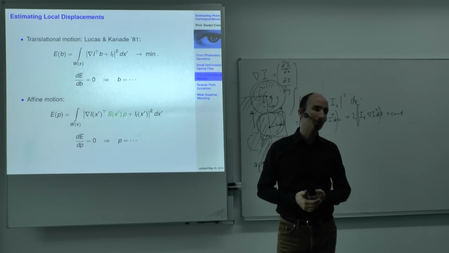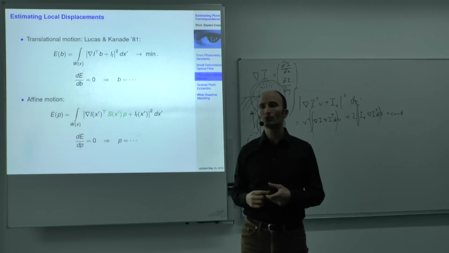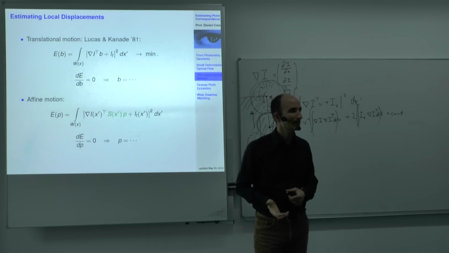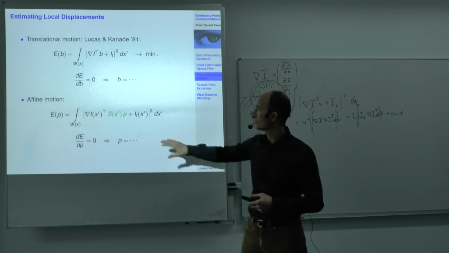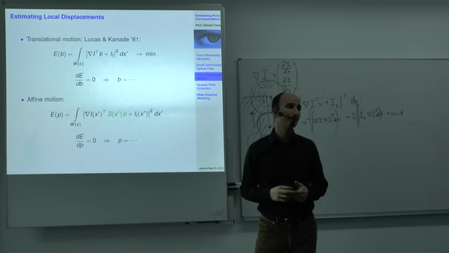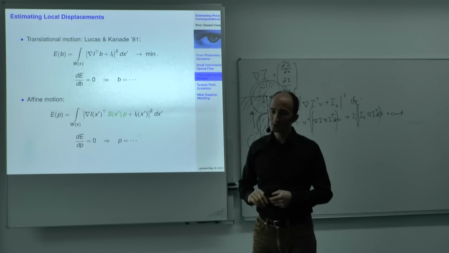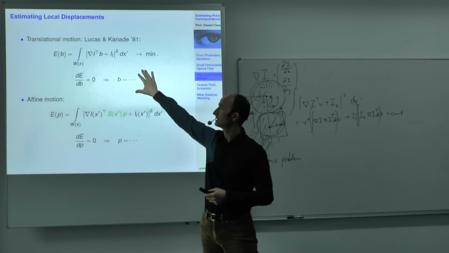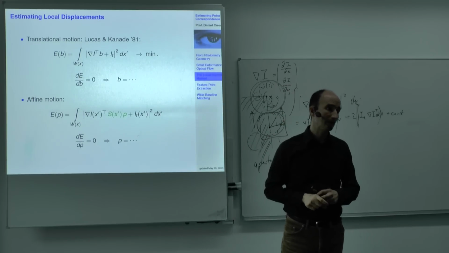But with modern computers, that really doesn't make a big difference whether the machine has to invert a 2 by 2 matrix or a 6 by 6 matrix. That's cheap to do, it's fast. So you can do that also in real time. And this is one of the reasons why Lucas-Kanade was popular, in particular this translational model, because it's simple and it's fast.